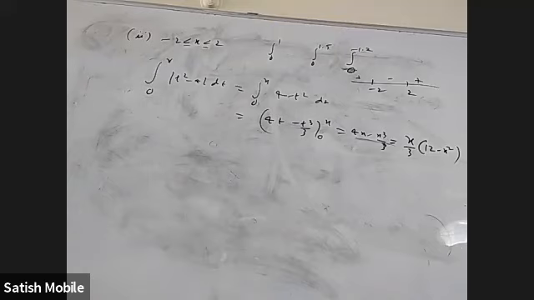You can try the third question. Many of them are very simple and were done in mains, this type of question. Most of them are 0 by 0. You can use L'Hospital rule, third question. And 0 by 0 means L'Hospital rule, when you use derivative of numerator by derivative of denominator.